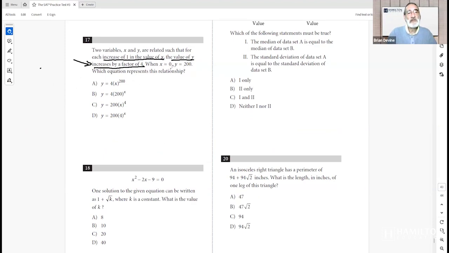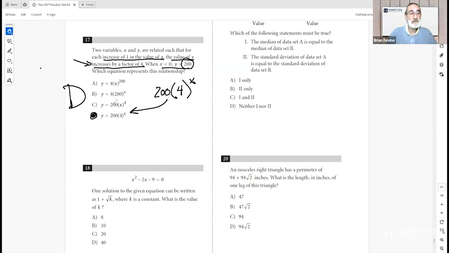Well, this is exponential. And so when x is 0, y is 200. Well, that's our initial value. And we should then go up by a factor of 4 every time x goes up 1. And so D is our buddy and the correct answer.